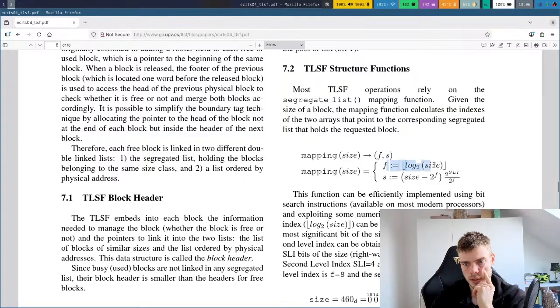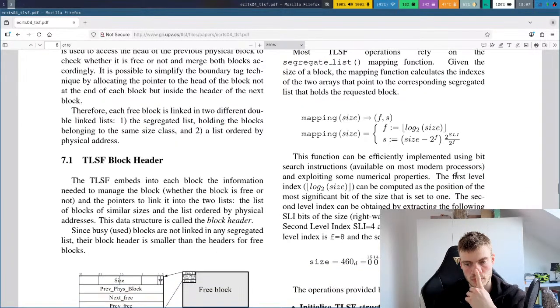First level, second level index. This function can be efficiently implemented using bit search instructions. So SLI is the second level index.